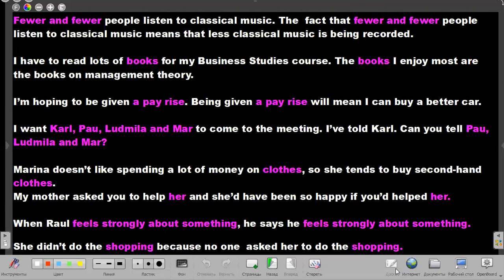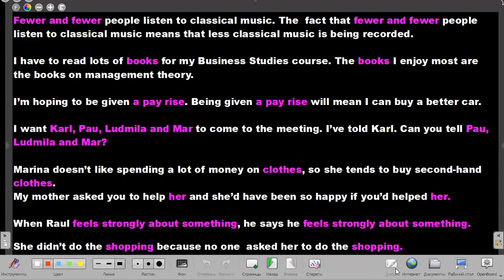The second sentence. I have to read lots of books for my business studies course. The books I enjoyed most are the books on management theory. So avoid the word books. I'm hoping to be given a pay rise. Being given a pay rise will mean I can buy a better car. Rewrite avoiding a pay rise.